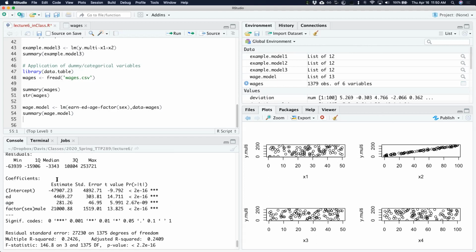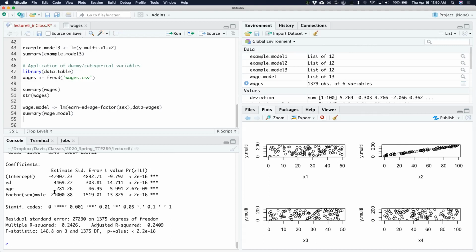So here, if I go through and look at the betas and coefficients, let's walk through our interpretation. Earnings, which is how much I make a year, is influenced by how old I am and how much education I have. Notice that there's this big intercept at negative 48,000.